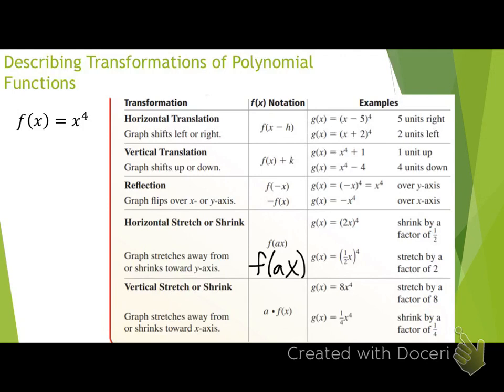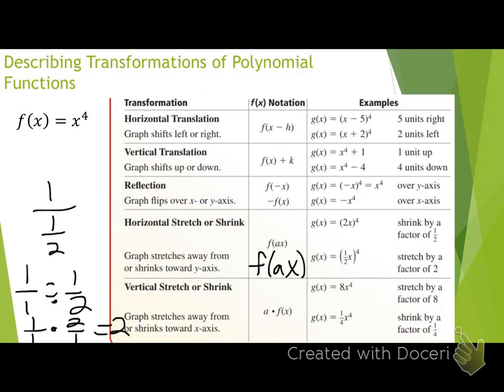Because the a value is 2, 1 over a, 1 over 2. That's dividing fractions. That's 1 divided by 1/2. KFC, keep the first one the same, flip the second one, change from division to multiplication, that's 2. So that's why it's by a factor of 2.